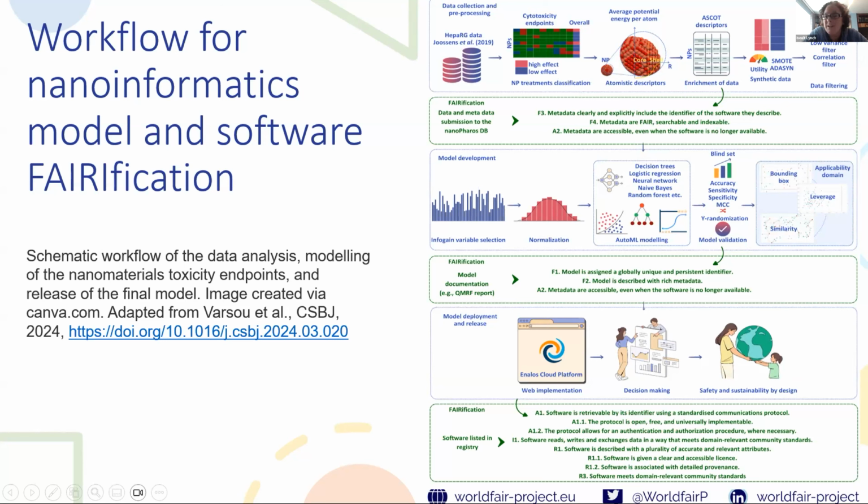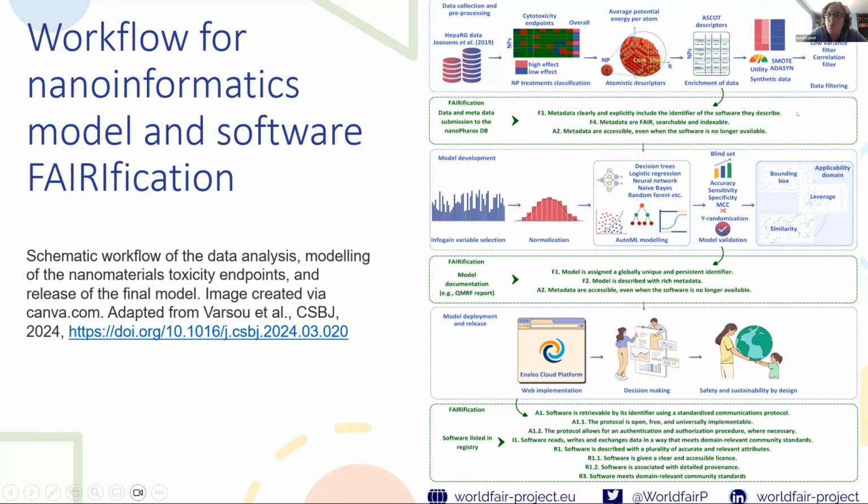And one of the things that we can routinely do now is, for each of those nanomaterials, we can then generate a whole bunch of atomistic descriptors. So these are from first principles in the periodic table. We can then do enrichment of the data set. We can then also generate some synthetic data. So this is where we're using interpolation approaches, and then we can do all sorts of data filtering.